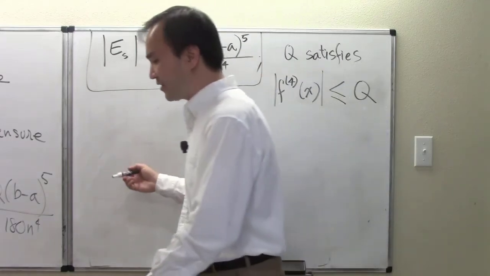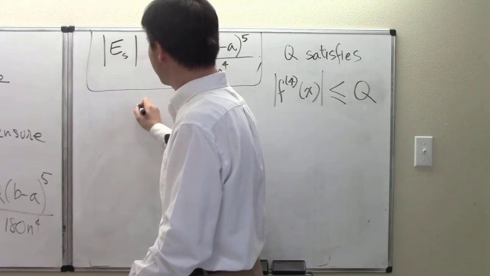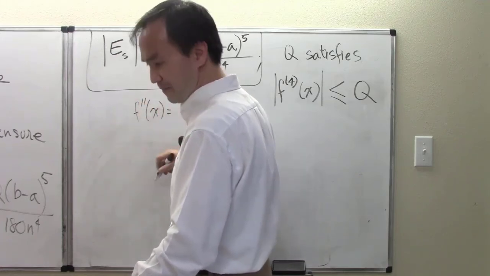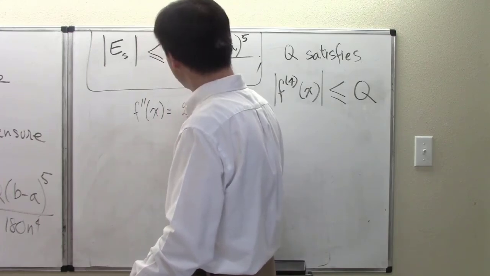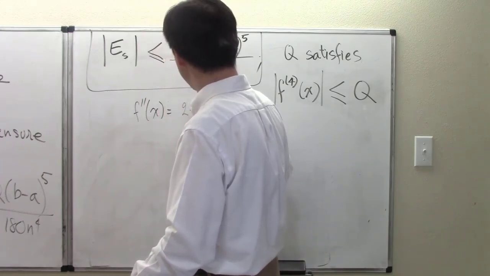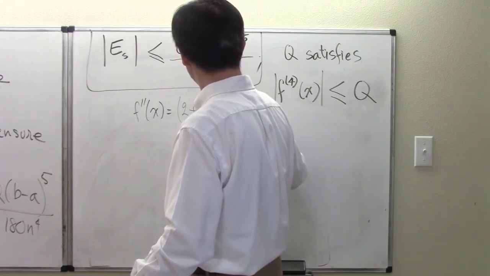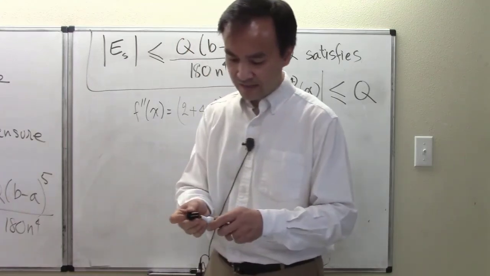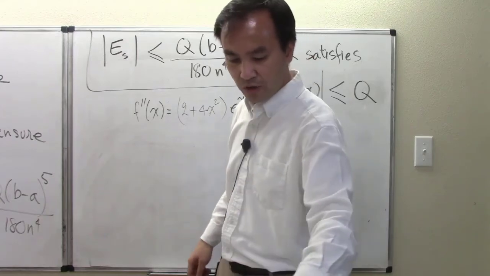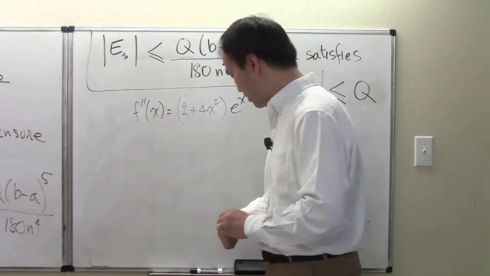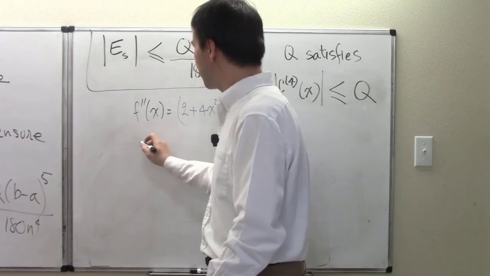So the 2nd derivative of this function was 2 plus 4x squared times e to the x squared. We already had that, and you can quickly calculate f prime and f triple prime with paper and pencil.